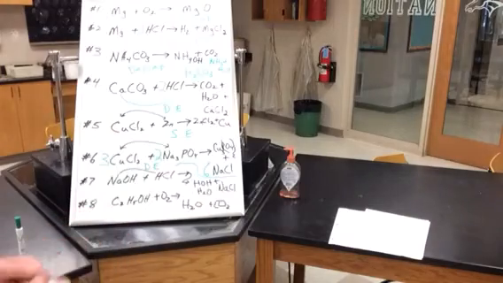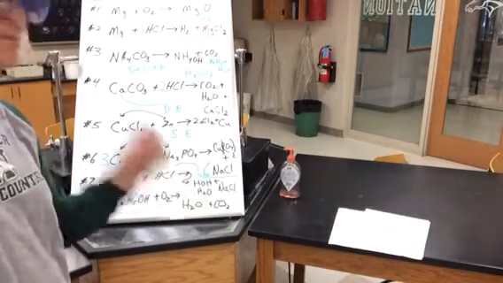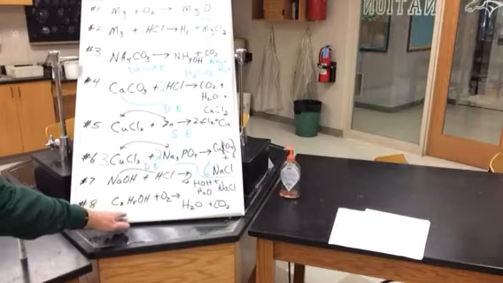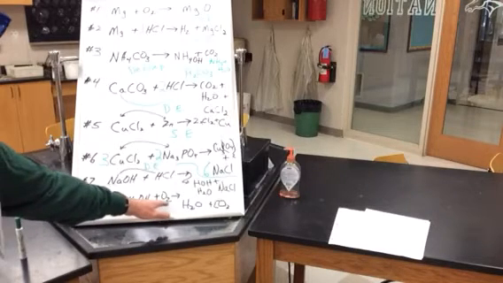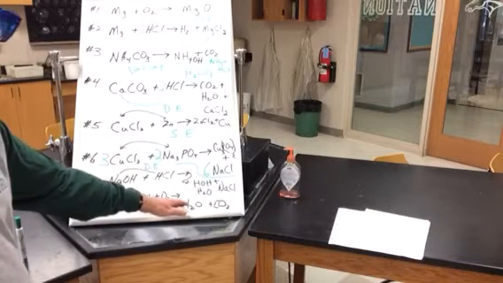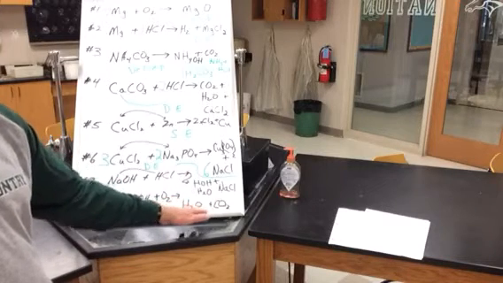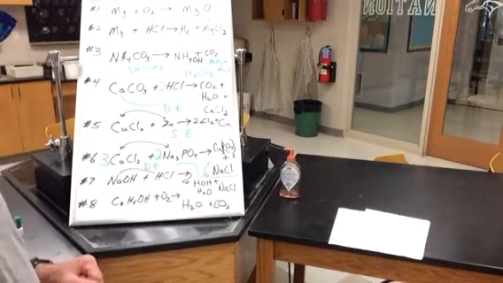I was kind of running out of room again. So I got water and carbon dioxide gas as the products coming from my ethyl alcohol and my oxygen gas. And in these kind of reactions, we're always going to get water and carbon dioxide produced for combustion reactions.